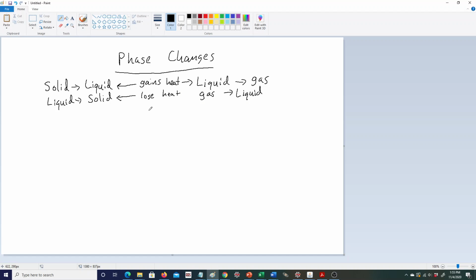Okay? Now, the boundary between a solid and a liquid is the latent heat of fusion.